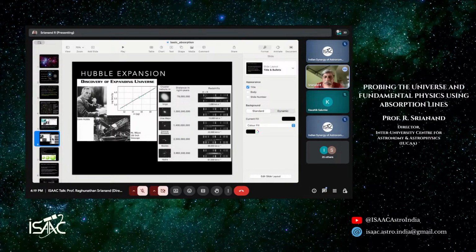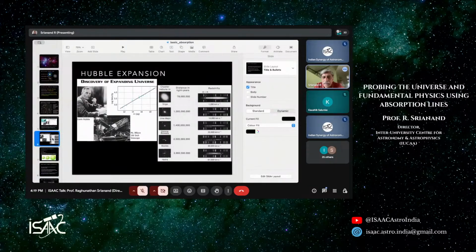Crude way, I'm saying. So he plotted the apparent speed, which is nothing but the apparent offset of wavelength with respect to laboratory wavelength, as a function of distance. Distance he initially calibrated with brightness.